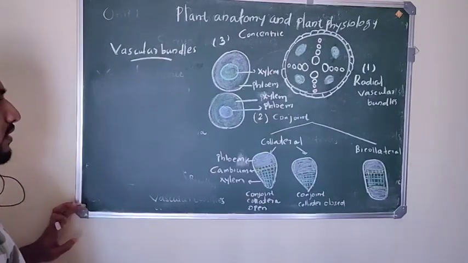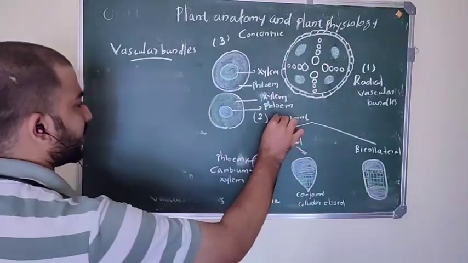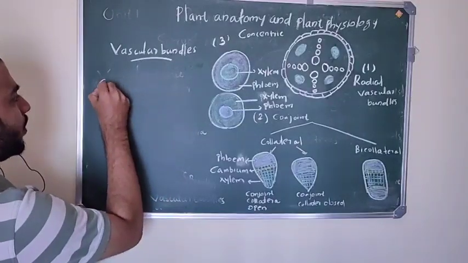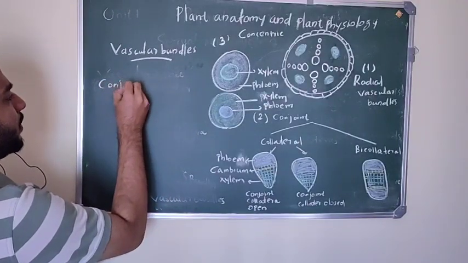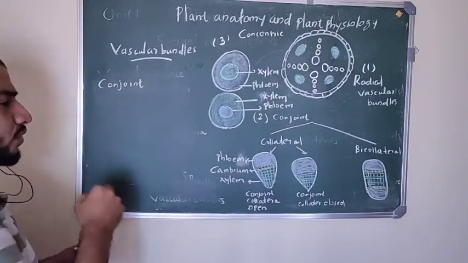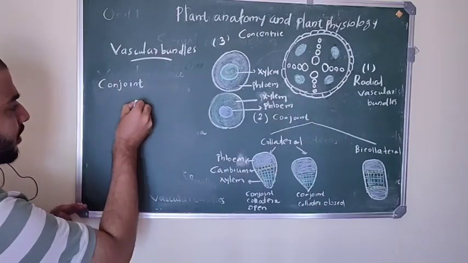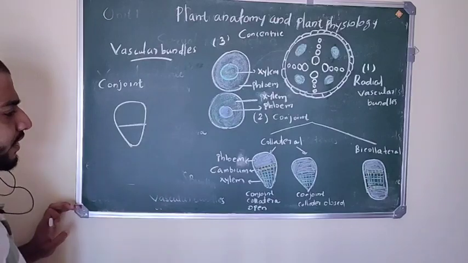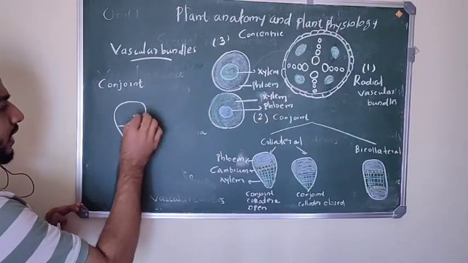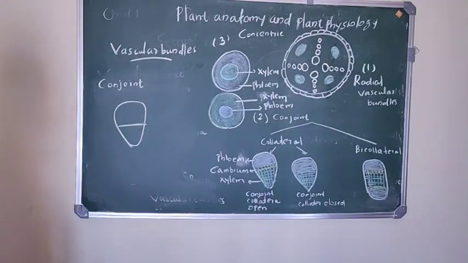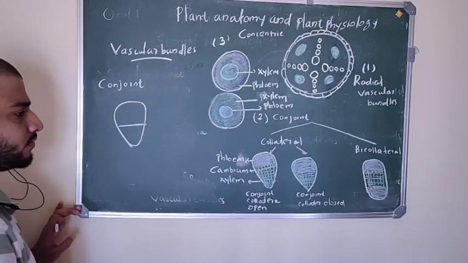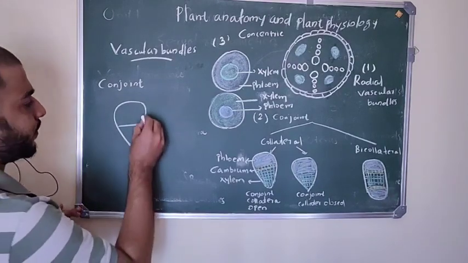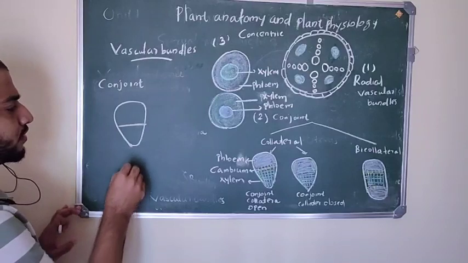Then we are going to discuss the second type of vascular bundle, called the conjoined vascular bundle. Conjoined means the xylem and phloem are in the same radius. Understood? This is an example of a conjoined vascular bundle.